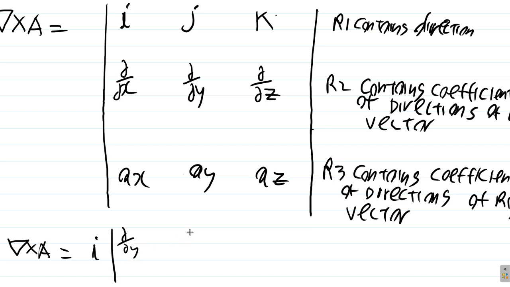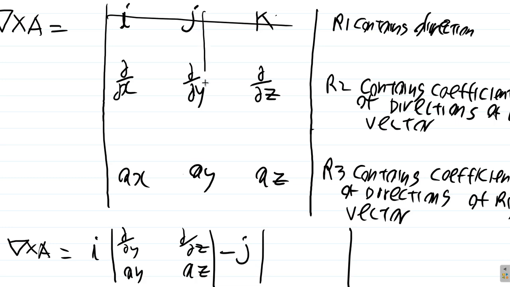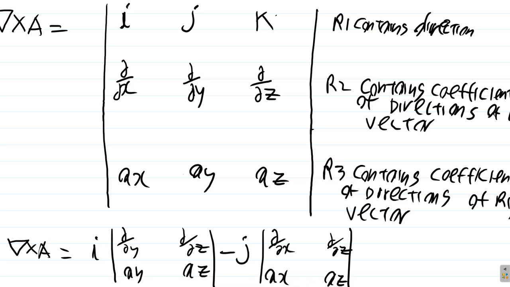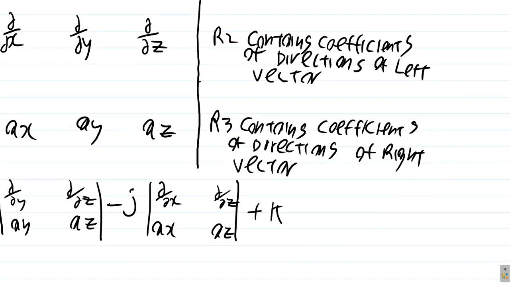It's going to be delta by delta y, delta by delta z, Ay, Az, this determinant, minus j. You cover the row and column with j, so you have delta by delta x, delta by delta z, Ax, Az, plus k times this determinant here.